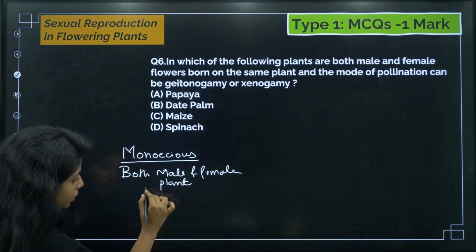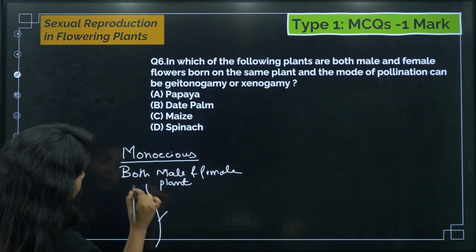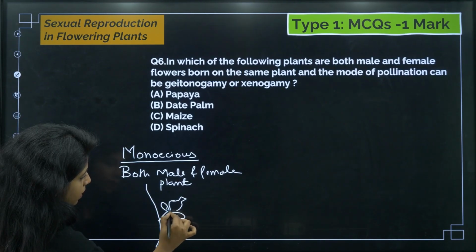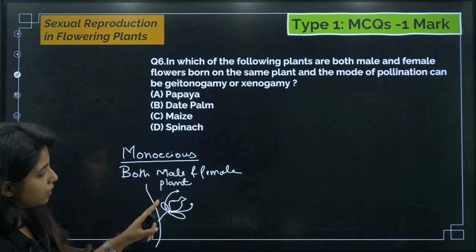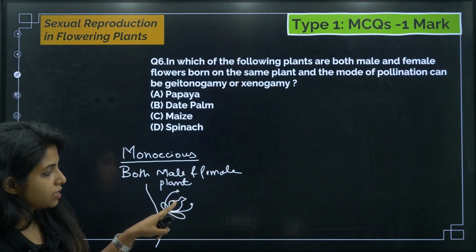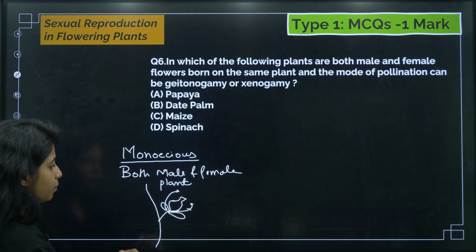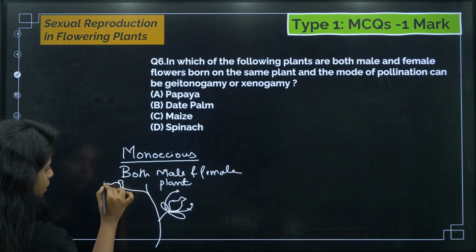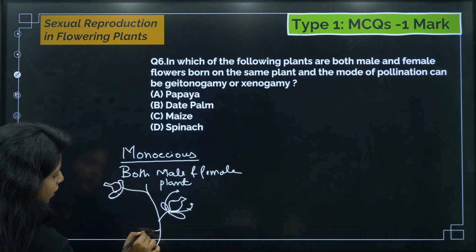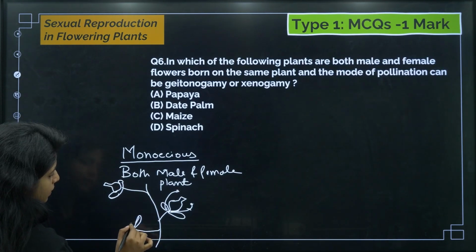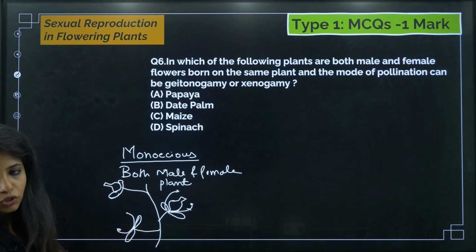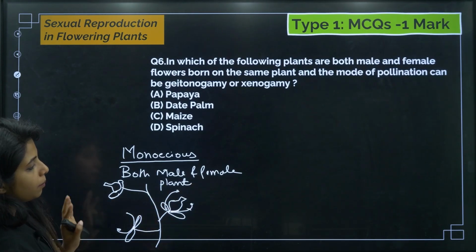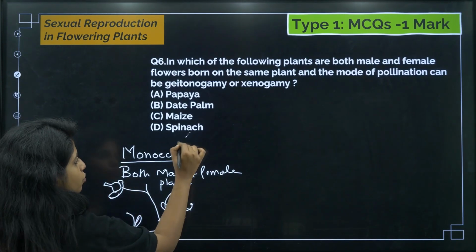Now it can be the condition where the flowers have both the female and the male parts, that is the pistil and the stamen, or it can be a case where one flower is having the male, one flower is having the female, and the other flower is having the male. This can also be the condition. So either it can be this condition where it has both, or it can be this. Anyways, both the male and female plant parts are there in the same plant. This condition is known as monoecious.